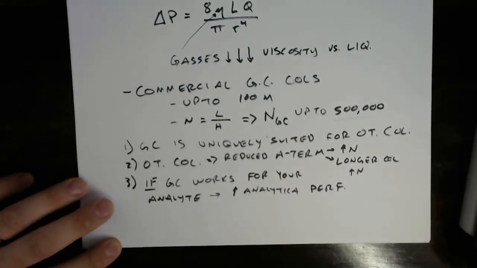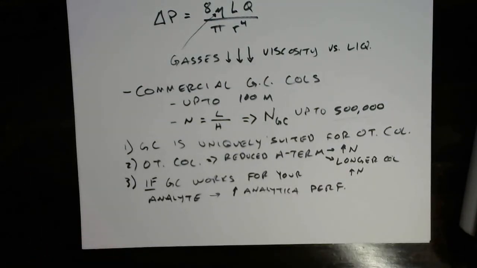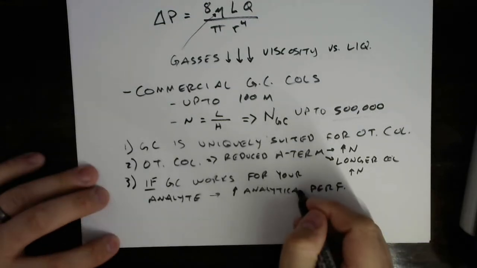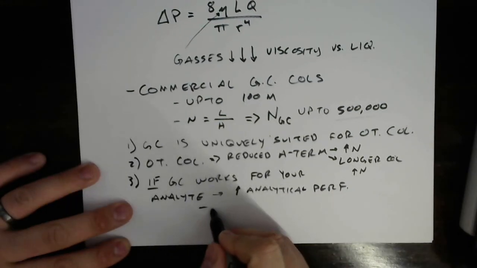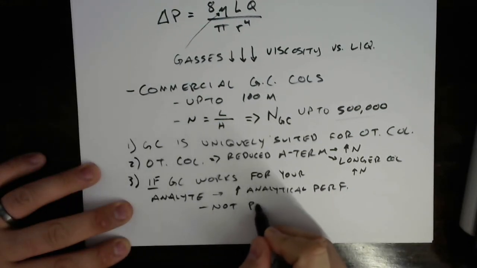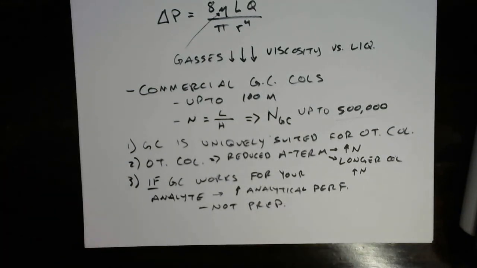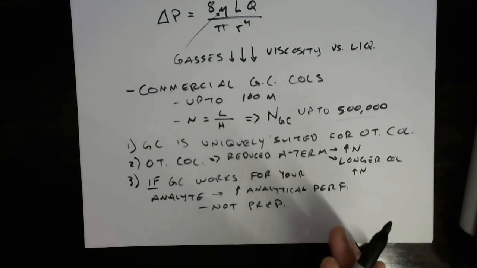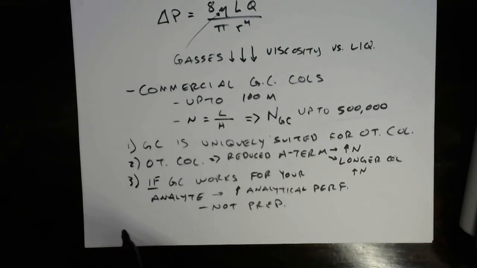You're going to get those better resolutions. You're going to get those higher plate counts. But you can only think about analytical performance here, and that's because GC is not a preparative technique, right? You're not gathering stuff at the end of the GC column, you're throwing it out at the end of the GC column. You're letting it evaporate off into space.